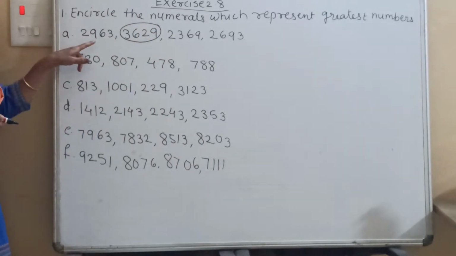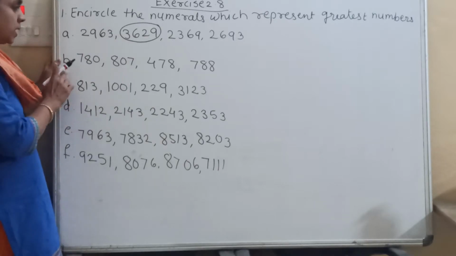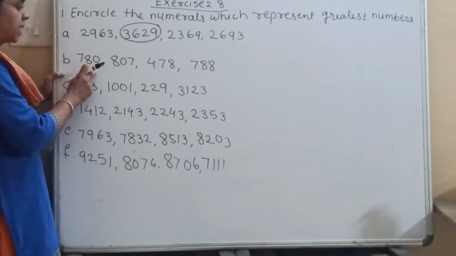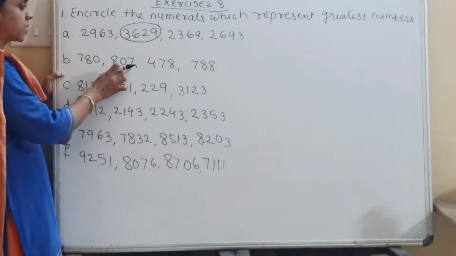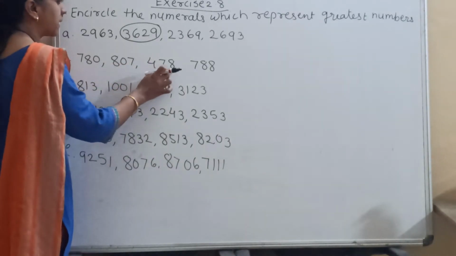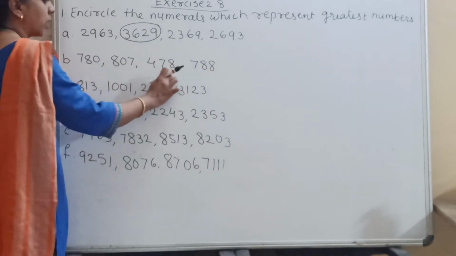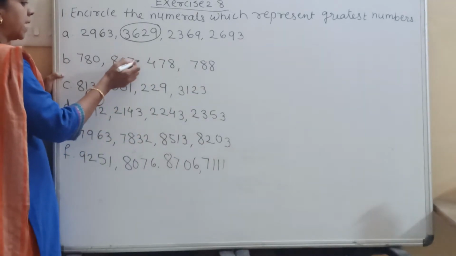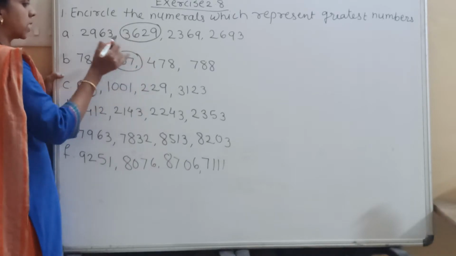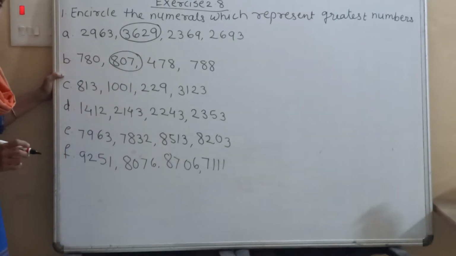So we have to circle this number. Now see the second example, 780, then 807, then 478, 788. So among these 4 numbers, which number is bigger? 807. So circle this 807.